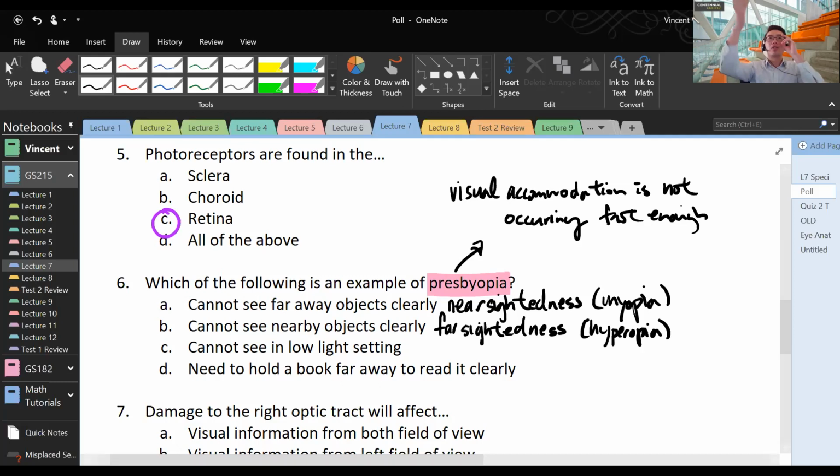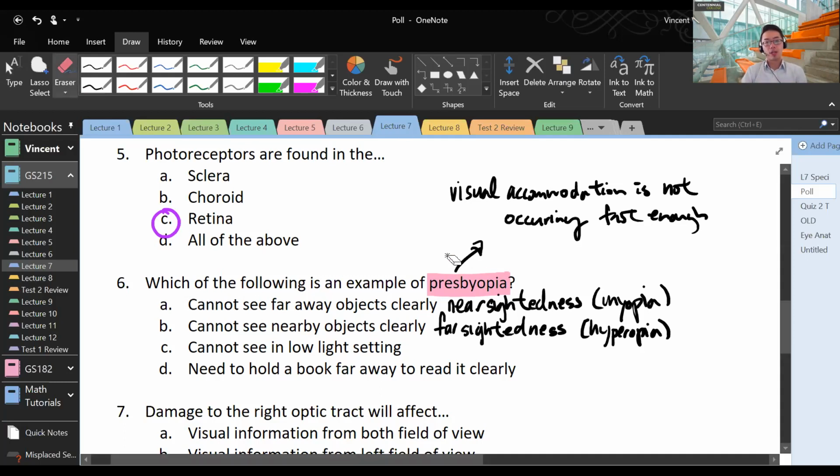You could be looking up at something, and then you pick up a business card, or try to look at your phone or a book, and your lens is supposed to become thicker, but that doesn't happen fast enough, and as a result, you're not able to focus. That condition is called presbyopia.